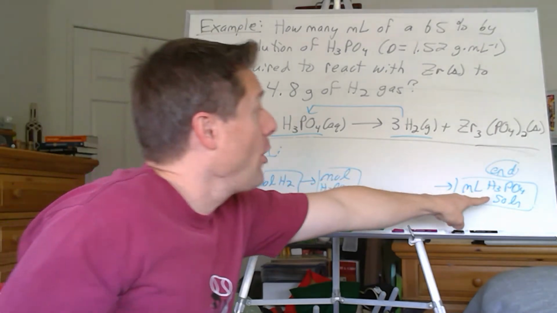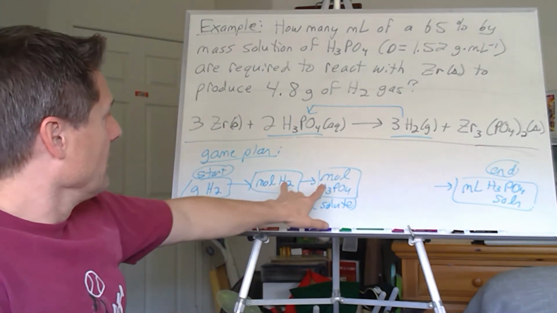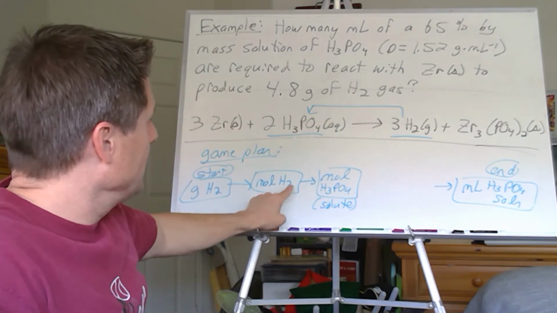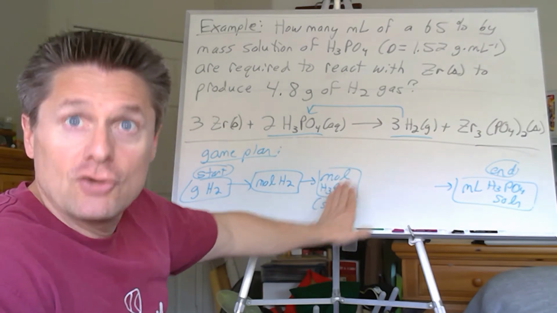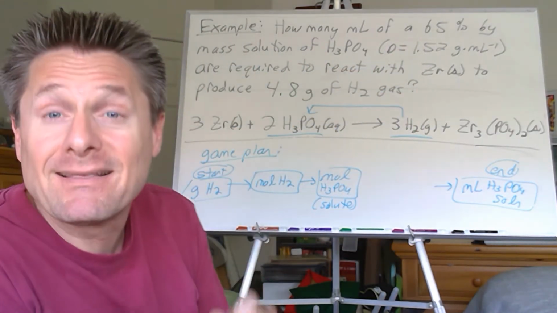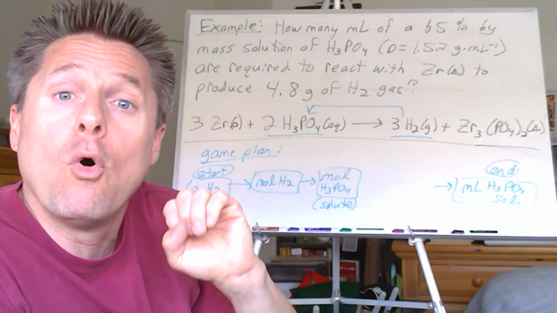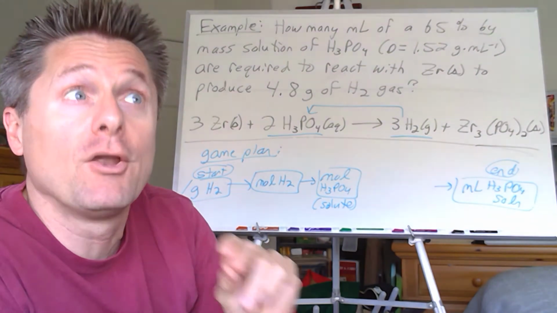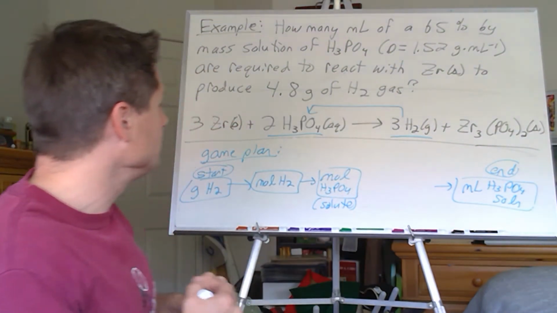But I want to know how much solution there is. So this is the molar mass, and this will be the stoichiometric ratio to get from here to here. Now I've got to get from solute to solution. But I was given 65% by mass, which means grams of H3PO4 over 100 grams of the solution. So 65 over 100.